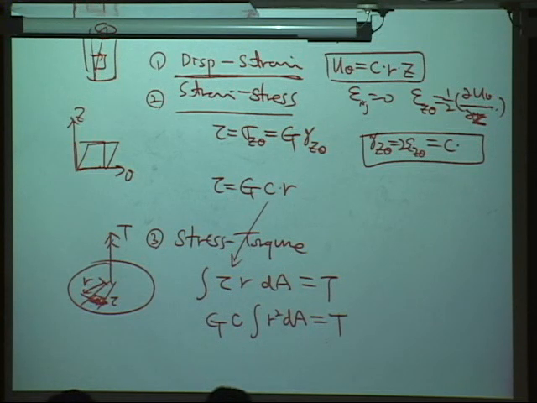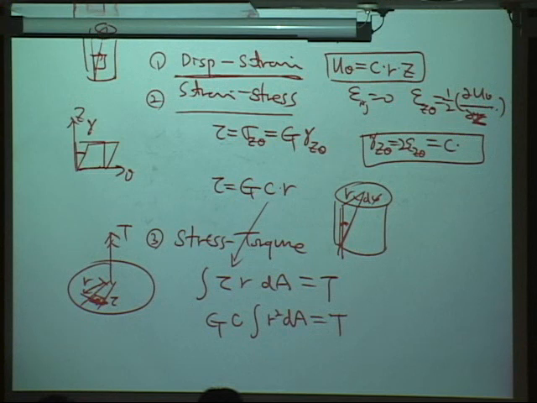But what does this C mean? This C means that we have the observation in this figure. This is R, this is d phi, and this angle represents gamma Z theta. This is a shear strain.